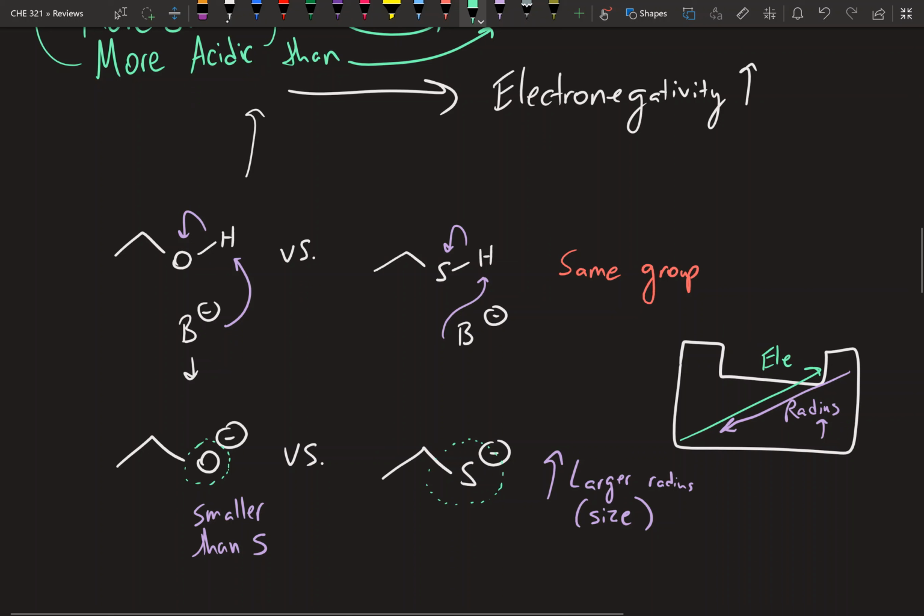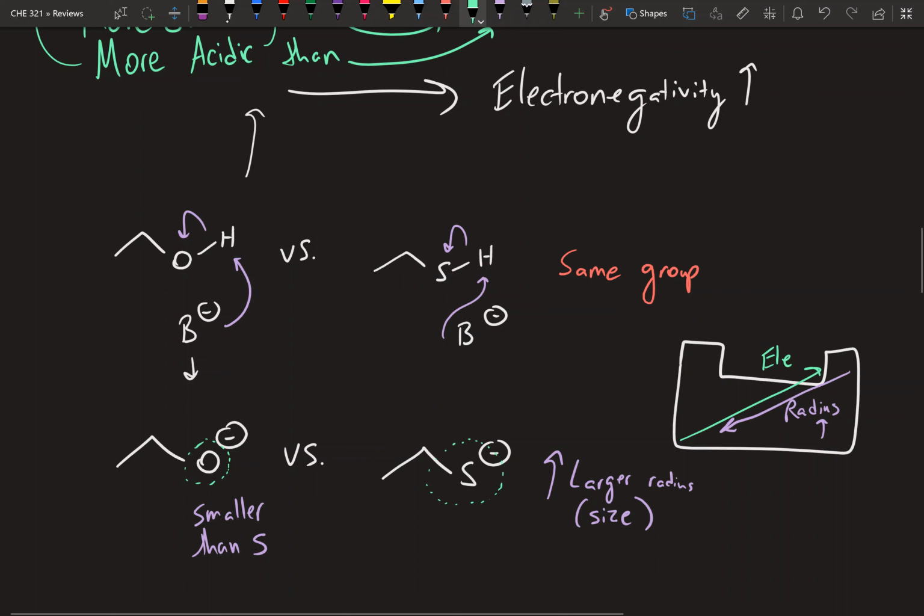Because sulfur is bigger, all those electrons that it has, 3 lone pairs right now, we can spread them out over a larger distance. By spreading those electrons out over a larger distance, they're not so tightly concentrated in one spot.